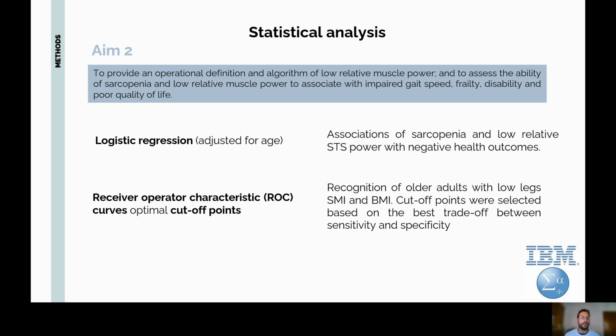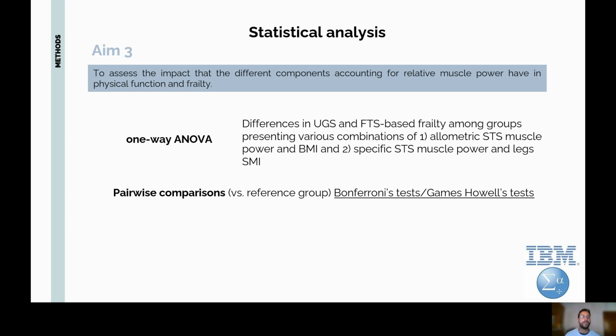For the next aim, number 2, we used a logistic regression to study associations of sarcopenia and low relative muscle power with negative health outcomes. And we also defined, through receiver operating characteristic curves, the optimal cutoff points for each of the components of the algorithm of the muscle power that I presented a few slides ago.